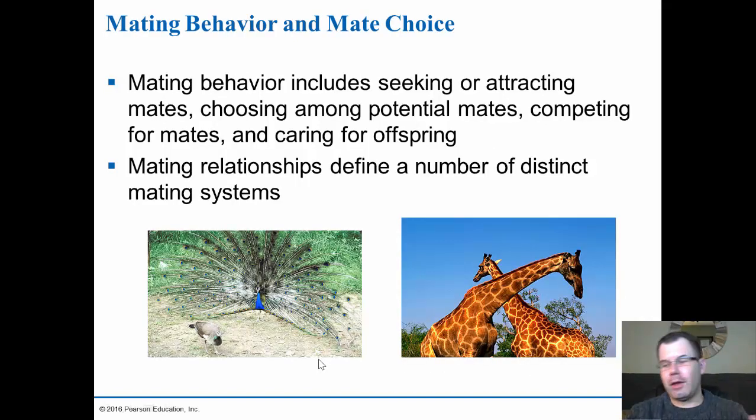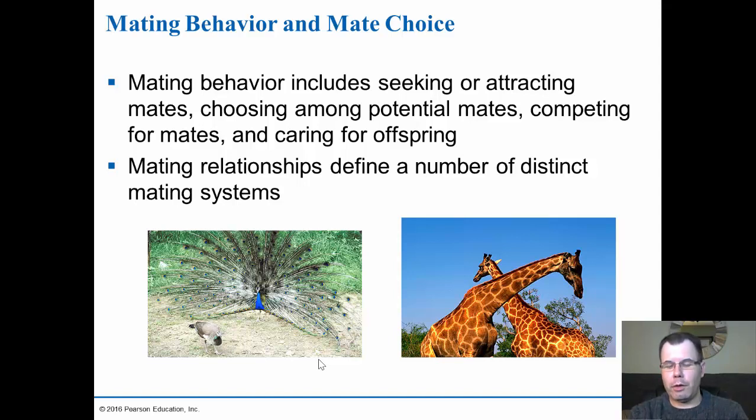Now, the other thing that's a huge factor in making sure populations grow instead of shrink is mating behavior. This includes seeking and attracting mates, choosing among potential mates, competing for mates, and caring for offspring. Mating relationships define the number of distinct mating systems. So we're going to talk about courtship behaviors, and then look at types of mating patterns and numbers.